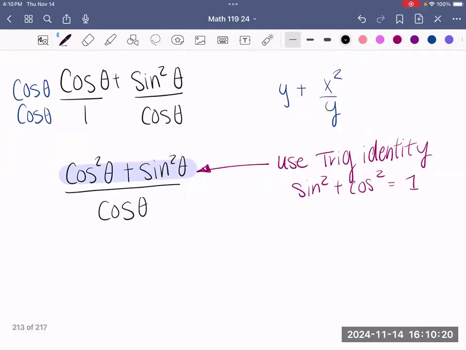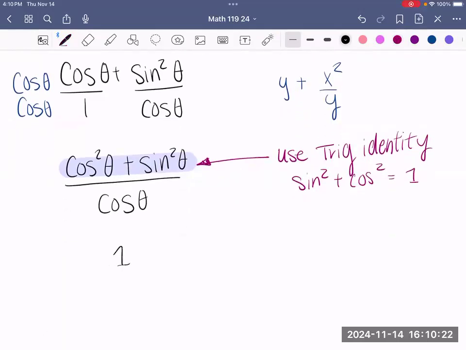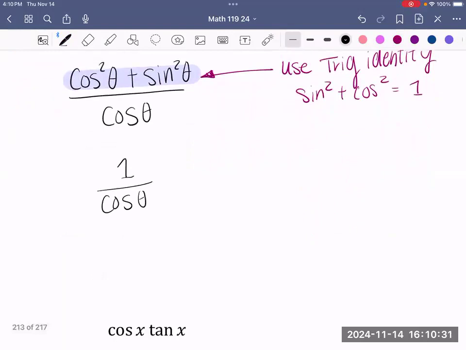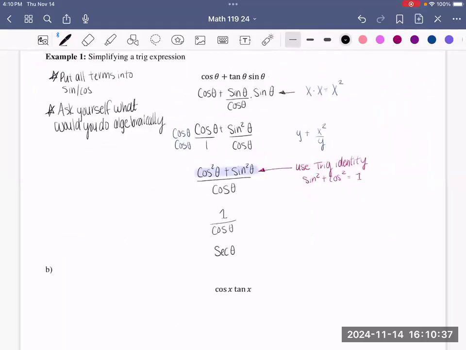So we can say that this is now 1 over cosine of theta. Now, do you know anything about 1 over cosine of theta? Well, 1 over cosine is really secant of theta. So that just means that this whole thing could be condensed into a secant of theta.